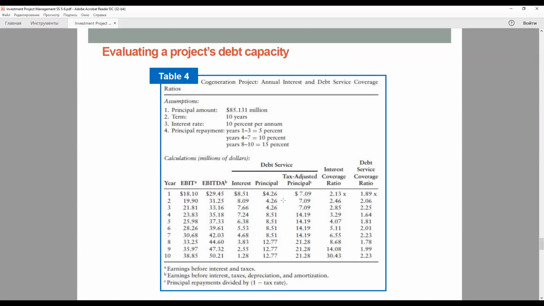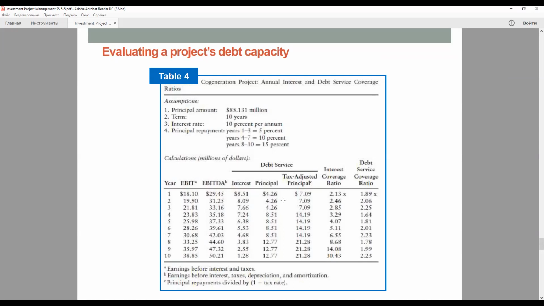Okay, let's look at the detail. Borrowing capacity. We can use various models for gauging a project's borrowing capacity. The cash flow information contained in the previous table, Table 3, can be used to determine the borrowing capacity of the cogeneration project. The present value of the projected cash flows for year 1 through 10, calculated at a 10% discount rate, is 165 million.